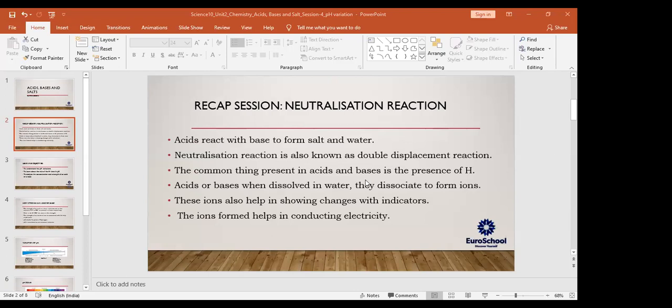Ma'am, a neutralization is a reaction where acids and bases cancel each other out or neutralize each other to form salt and water. Done.